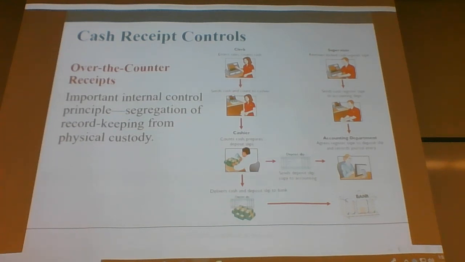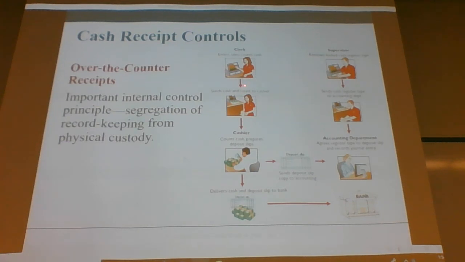All right. This slide here I think can be particularly helpful for you. Some of the language on it, I've heard cashiers and clerks basically referred to as being the same person before. But if we look at this, we've got a clerk who is receiving cash, ringing up sales.